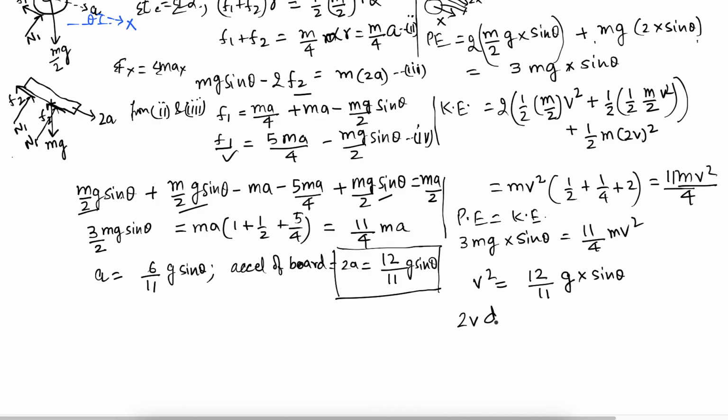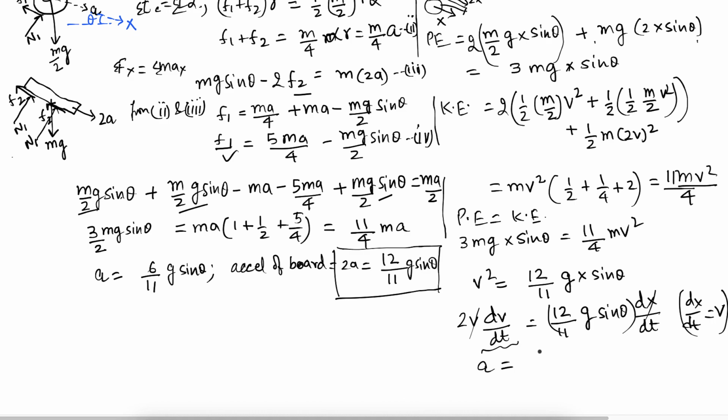So 2v dv by dt equal to 12 by 11 g sine theta, because these are constant, and dx by dt is nothing but v, right? So v and v will cancel out, and hence dv by dt is a. So a will be 6 by 11 g sine theta. Therefore 2a will be 12 by 11 g sine theta.